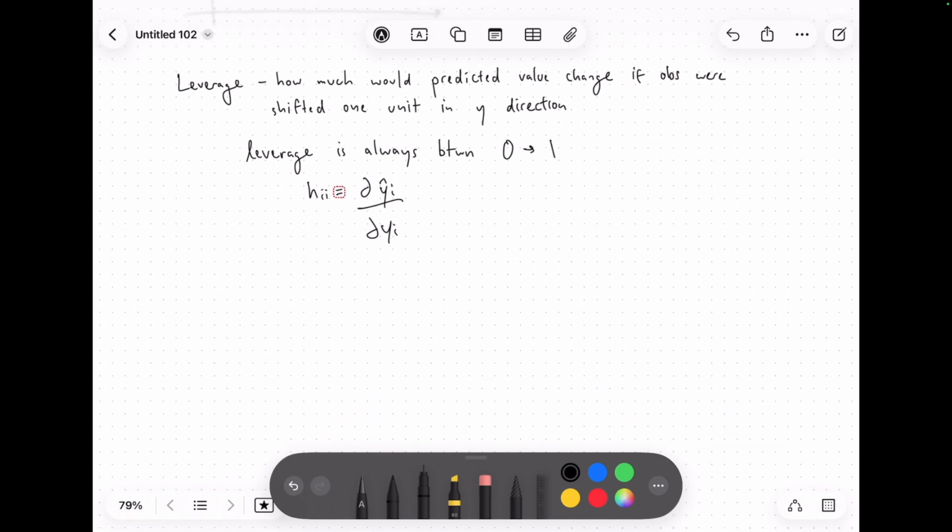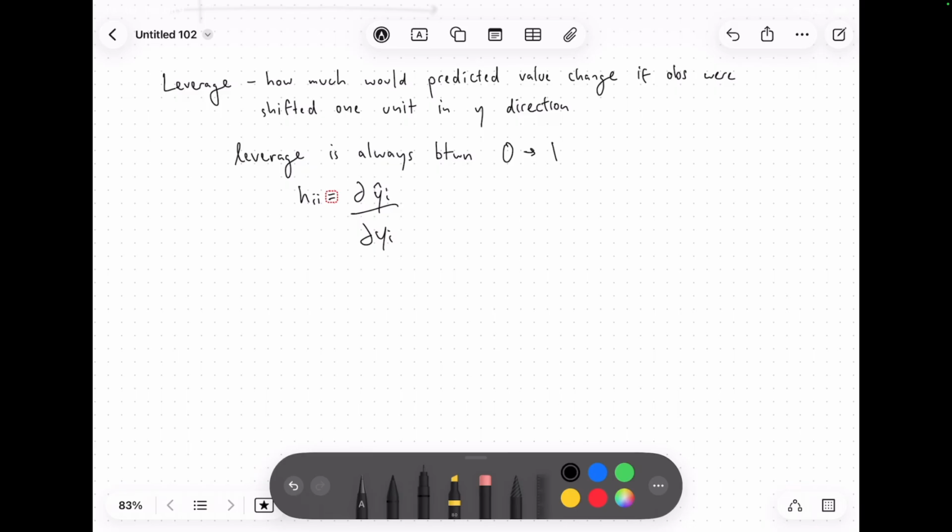And the other is influence. So this is the effect of deleting the point. So in both of these examples, we take any observed point and we perturb it in some way, and then we measure essentially what happens to the model.